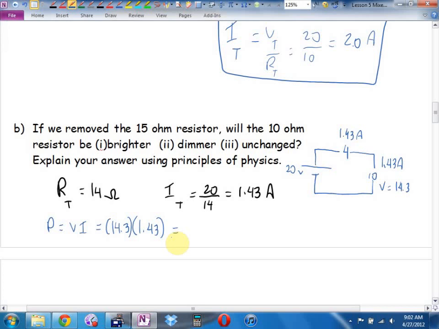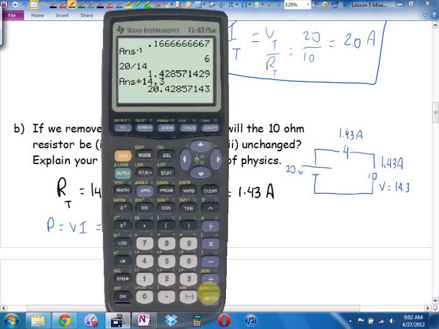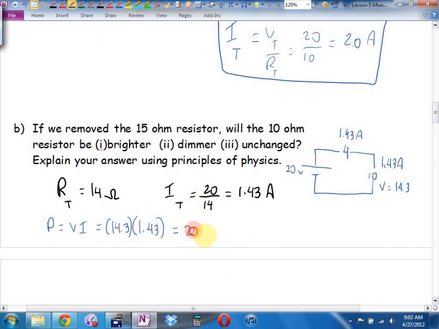What do you get? You get 20.4? How many watts was it showing earlier? 14. How many watts now?